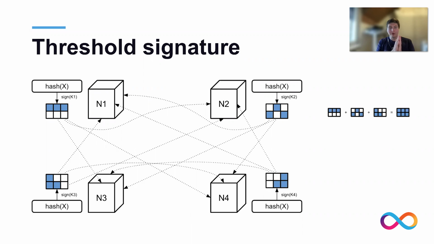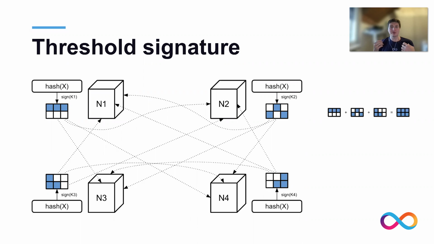So the departure point for us is that we have n nodes, on the picture n is equal to 4, and they all have key shares. So you have 4 private key shares and one public key.